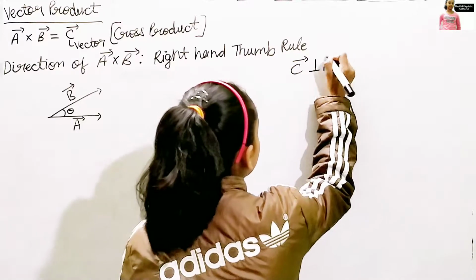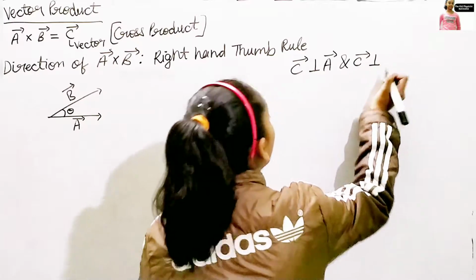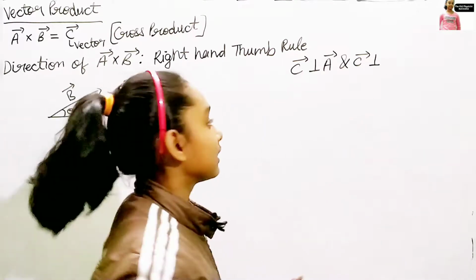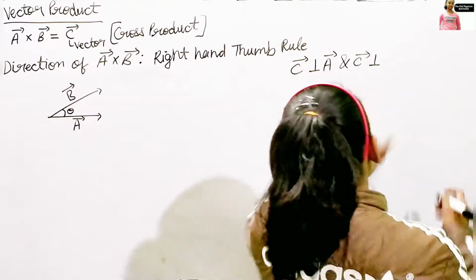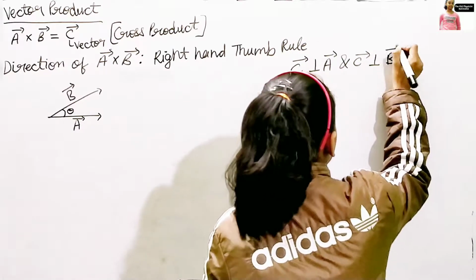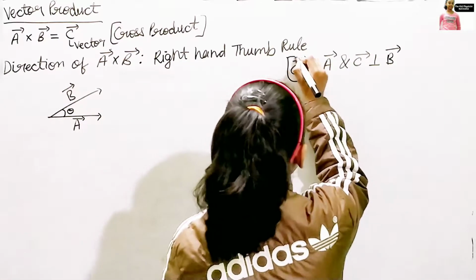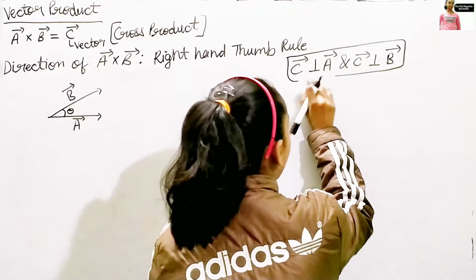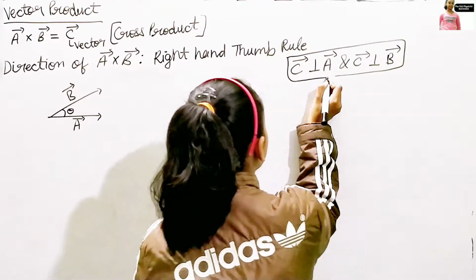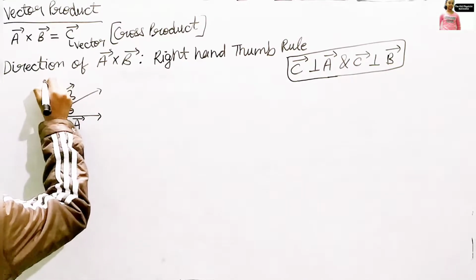Vector C will be perpendicular to vector A, and vector C will also be perpendicular to vector B. Remember that. So where should it be? It should be here.